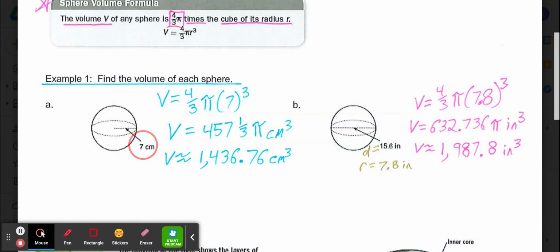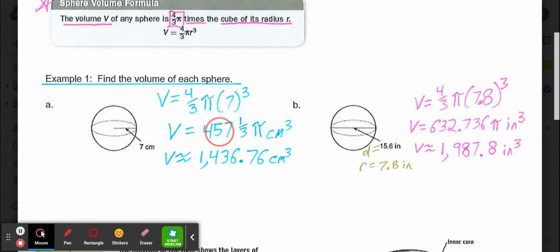So simply use our volume formula, 4/3 multiplied by pi multiplied by 7 to the third power, and put that into your calculator. 7 to the third power multiplied by 4/3 is 457 and 1/3. So if we wanted our exact answer, it'd be 457 and 1/3 pi centimeters cubed.